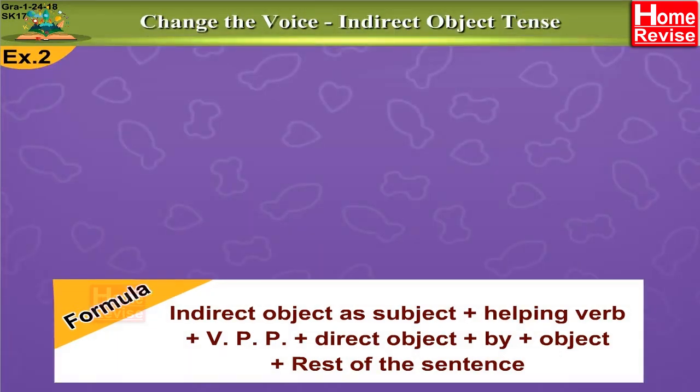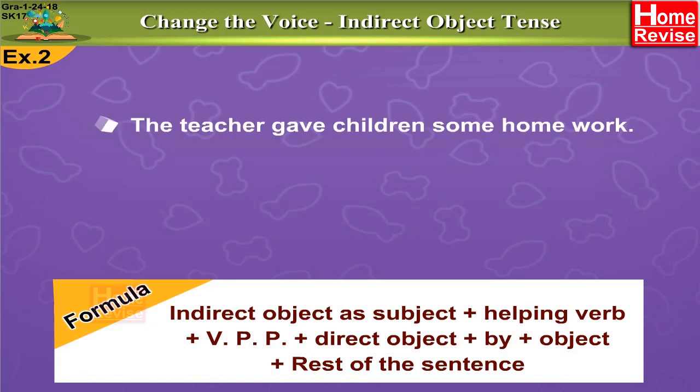Let's take a few more examples to understand it. The question is: turn the sentences into passive voice by taking the indirect object. The first sentence: The teacher gave children some homework. We have to focus on the indirect object, so the question must begin with whom. Whom did the teacher give some homework? The children.